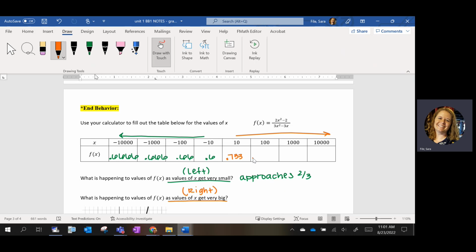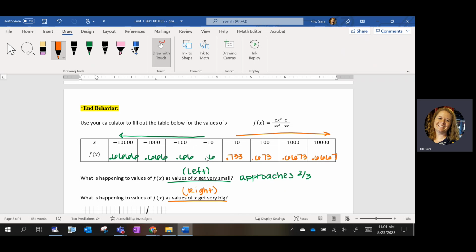Then 0.673, and then 0.6673, and then 0.6667. Okay, so what's happening here is that 7 and then the 3 repeating keeps getting pushed further and further back, right? Another 6 is coming in front of the 7. Y'all see that? Okay, so this is also going to eventually be approaching 0.6 repeating, isn't it? So it's also approaching 2/3.